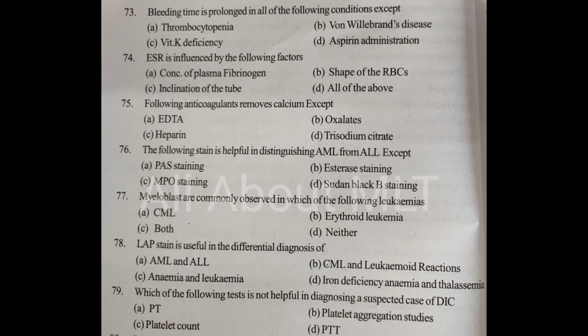The answer is option B, CML and leukemoid reactions. Which of the following tests is not helpful in diagnosing a suspected case of DIC? Option A, PT; option B, platelet aggregation studies; option C, platelet count; option D, PTT. The answer is option B, platelet aggregation studies.